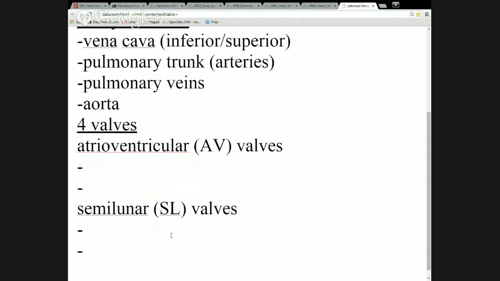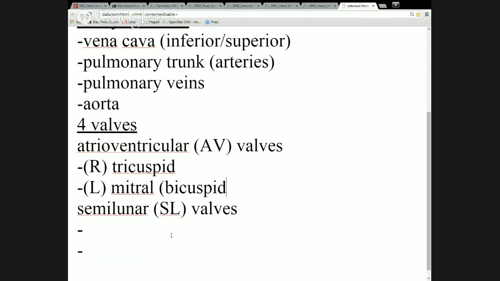Atrioventricular is referring to something between an atrium and a ventricle. So the AV valves are between the atria and the ventricles. On the right side, that's the tricuspid valve. And on the left side, that's the mitral valve, which is sometimes referred to as the bicuspid valve. Now, it might sound like we call it the tricuspid valve because there's something important about it having three cusps.